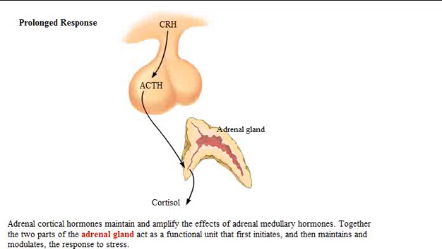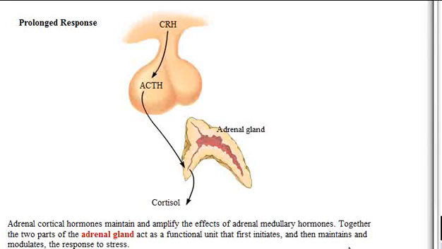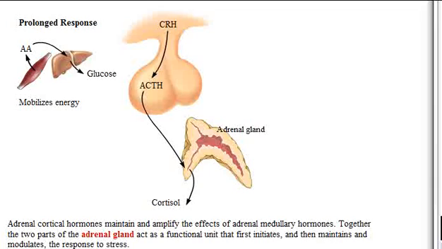Remember that cortisol is a glucocorticoid named for its effects on glucose metabolism. Cortisol mobilizes energy stores and stimulates breakdown of protein, providing amino acids to the liver to produce glucose. The amino acids can also be used to repair damaged tissue. Cortisol acts on the liver to both produce glucose and store it as glycogen. Cortisol stimulates breakdown of triglycerides in adipose tissue that increases fatty acids for fuel and glycerol for producing glucose in the liver.